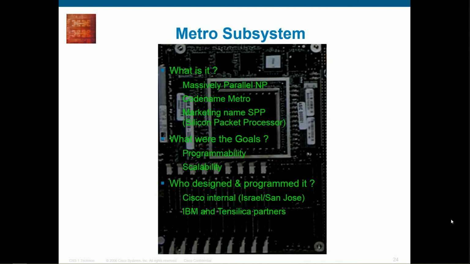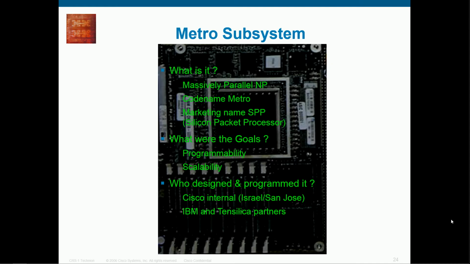It was designed by Cisco in conjunction with IBM and Tensilica partnerships. But I know Cisco and IBM put a lot of time into this. They actually coordinated with Israel and the HQ in San Jose. These Metros were designed to be programmable and scalable.